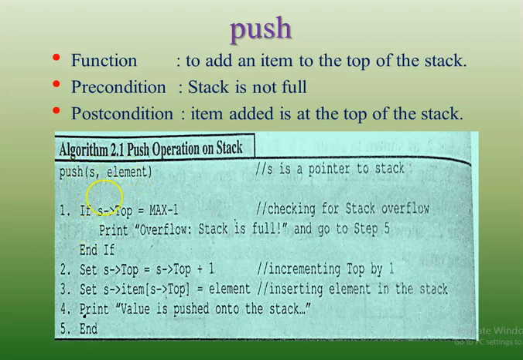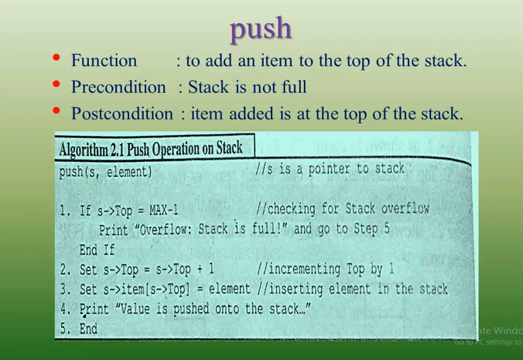So first we are checking whether we have space for this element to be placed into the stack. That means, if s->top equals max minus 1, what is the condition? The top of the stack is referring to index max minus 1.